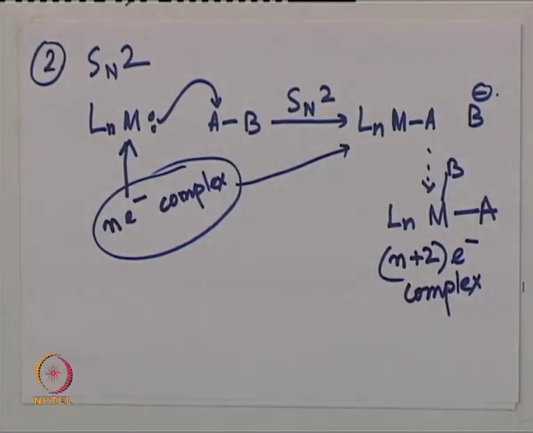So upon oxidative addition, the total electron count will go up by 2. So if we are seeing a 16 electron species, then upon oxidative addition the complex will have 18 electron count. Often we do see, let us say in palladium catalysis, where palladium is in 14 or 16 electron count, after oxidative addition with aryl halide we are going to have 18 electron count for the oxidative addition complex.